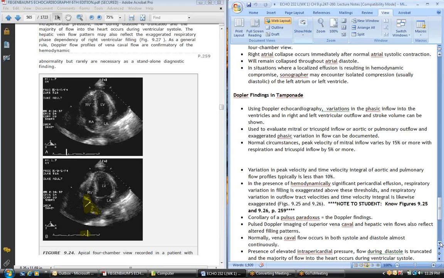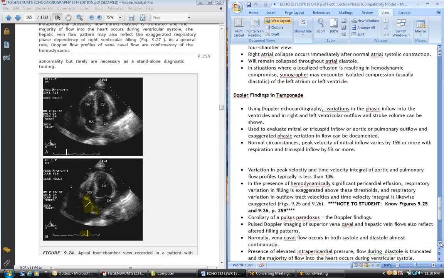Under normal circumstances, peak velocity of mitral inflow varies by 15% or more with respiration, and tricuspid inflow by 5% or more. Variations in peak velocity and time velocity integral of aortic and pulmonic flow profiles typically are less than 10%.